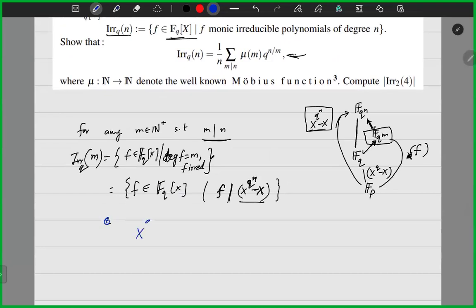So what will happen in the factorization of this? For any m dividing n, we will write all those f, where f is varying over irreducibles of degree m, right?